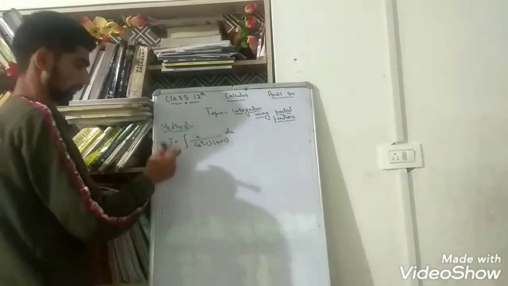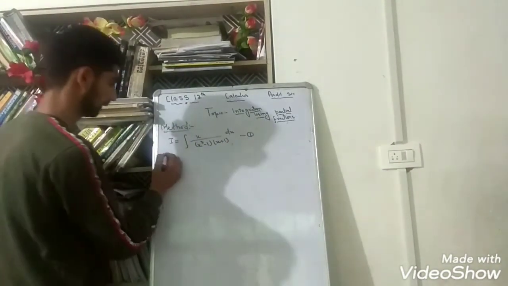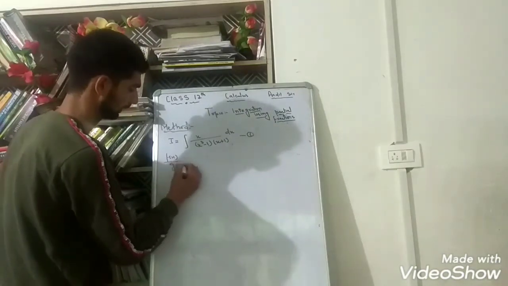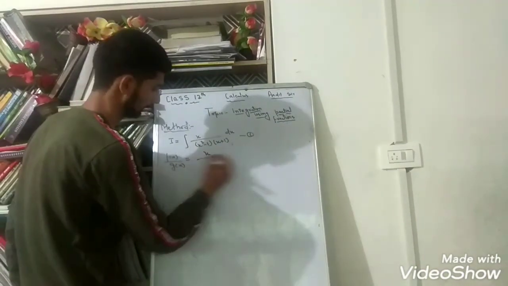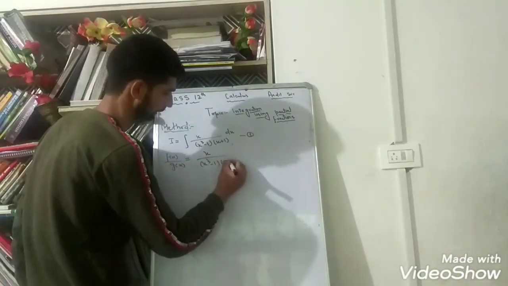So this is our f of x divided by g of x, that is equal to x divided by x cube minus 1 times x plus 1.